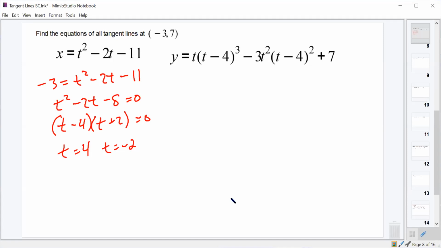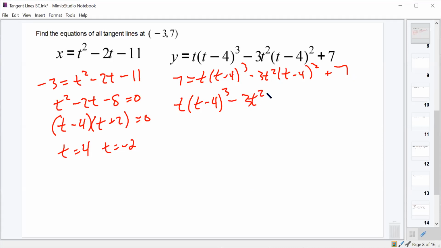Then on the other side, we should be setting this equal to 7. So that gives us 7 equals all of this stuff, plus the 7. We can cancel out those 7s to get t times (t minus 4) cubed minus 3t squared times (t minus 4) squared equals 0. And we should be able to factor that out a little bit more so we got no subtraction between terms. They've got a t in common and they've got a (t minus 4) squared in common.